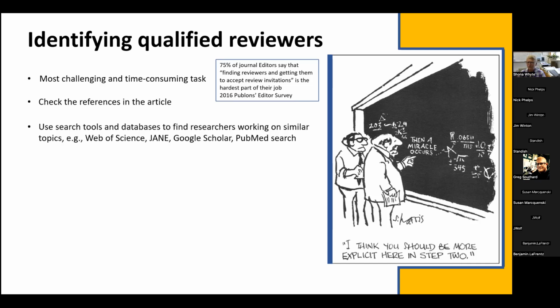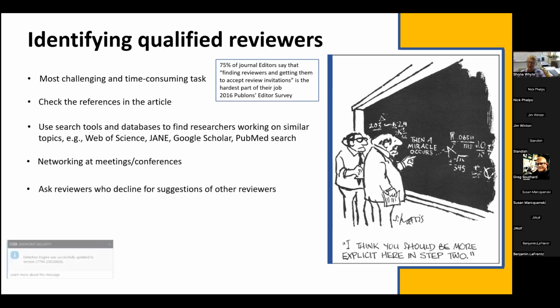You can check the references in the article. You can use tools and databases to find reviewers. You can paste the title into Google and see what comes up and look for other researchers that are working in that area. You can network at meetings and conferences. You can ask reviewers who decline for suggestions for other reviewers, and oftentimes the journal, when you are requested to be a reviewer, will ask that question when you decline to review.